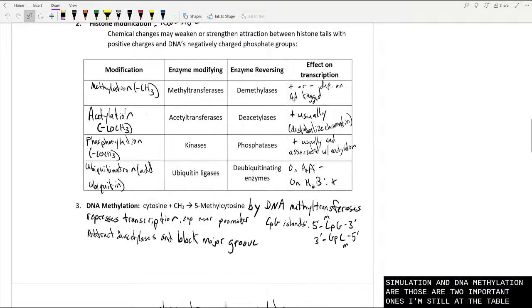So in the table like this here, the two important ones are methylation and acetylation. So this is methylation. I'll never give you a positive example. It's typically negative via methyltransferase. And acetylation is usually a positive effect on transcription.